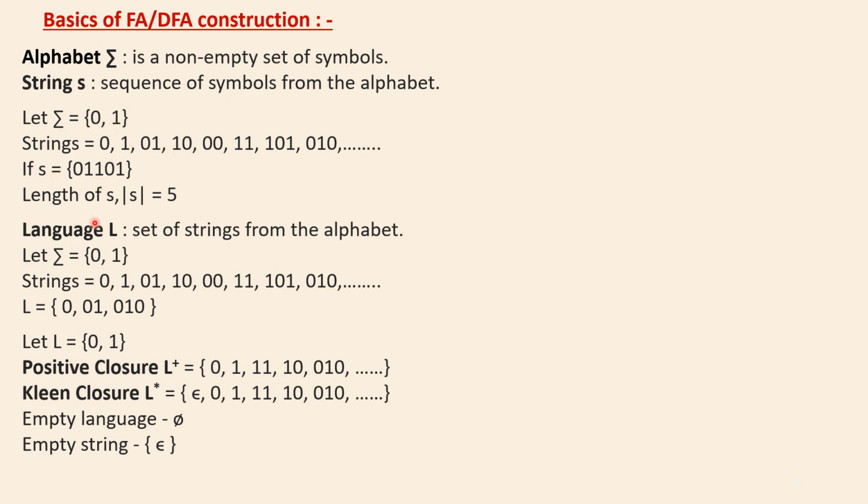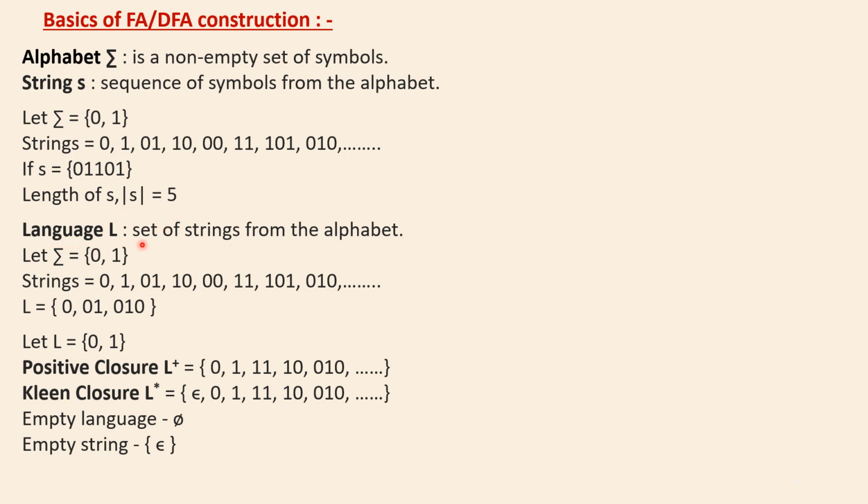Now what is the length of the string? For example, S is equal to 01101, which means here I have 5 input symbols. So the length of the string is equal to 5.